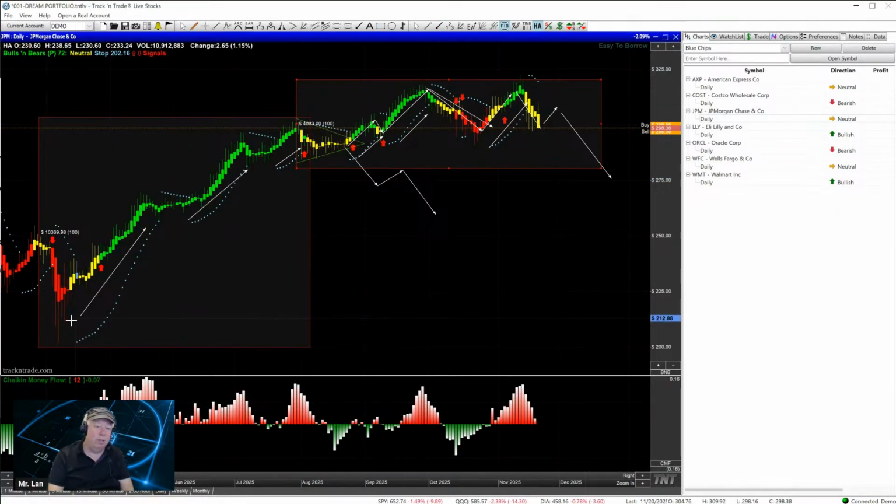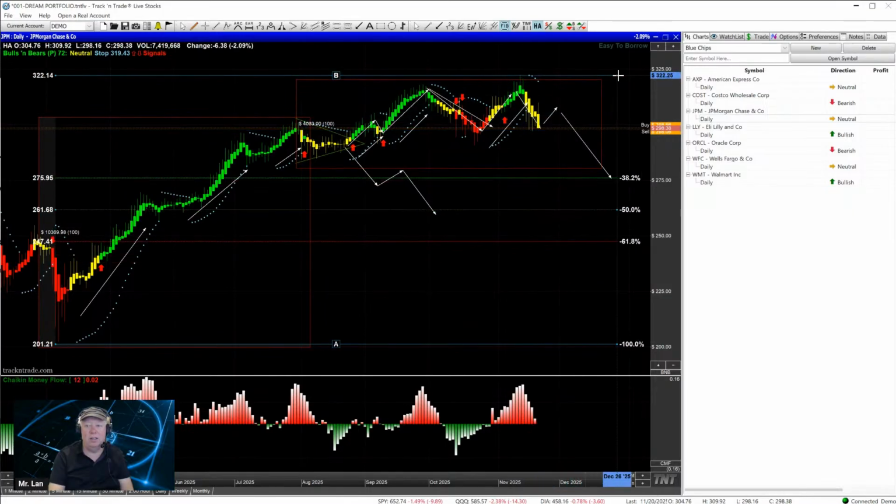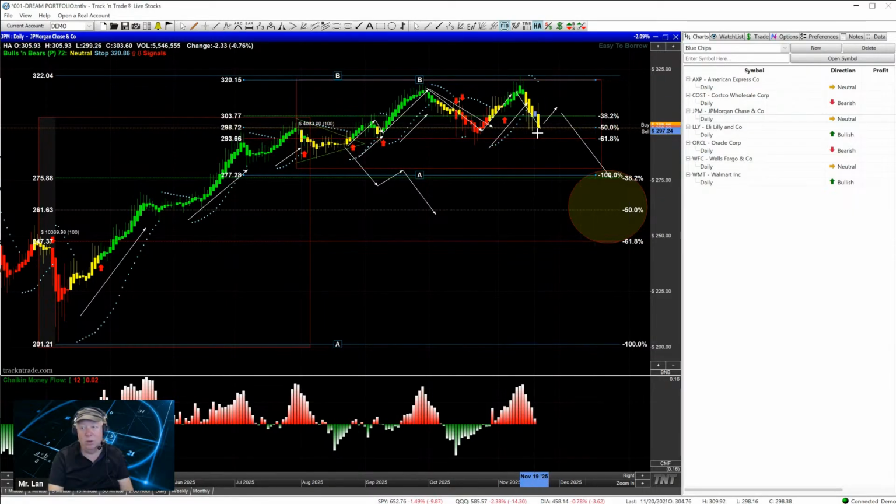Maybe we take a Fibonacci all the way from the low to the high and anticipate eventually maybe a move down into this region here. That might be kind of much to ask. But if we do a Fibonacci from here to here, well, it's there now. It's right there in that Fibonacci sweet spot right now.